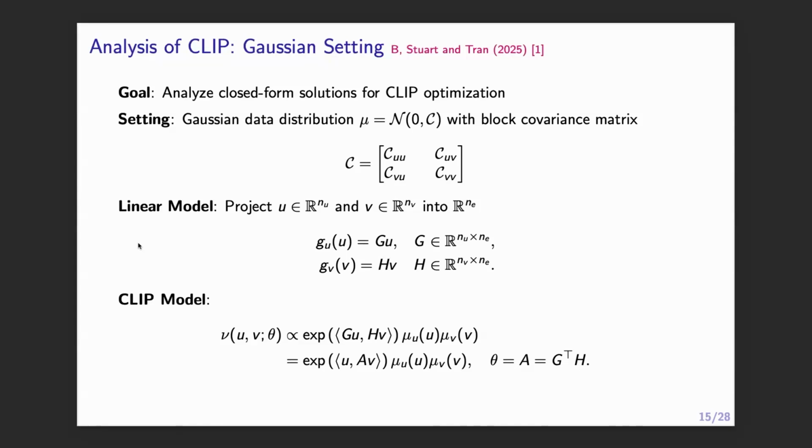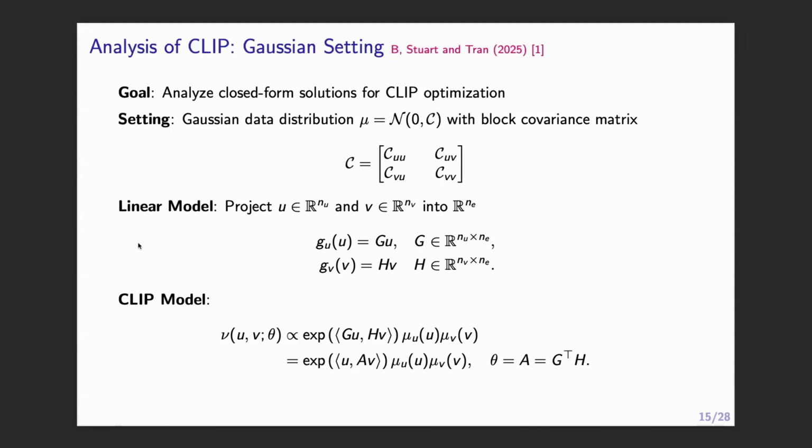And let's say that we look for the encoders GU and GV. This is Gaussian, so a natural model is to look for a linear encoder, in particular some matrix G that multiplies the random variable U, and some matrix H that multiplies the random variable V.